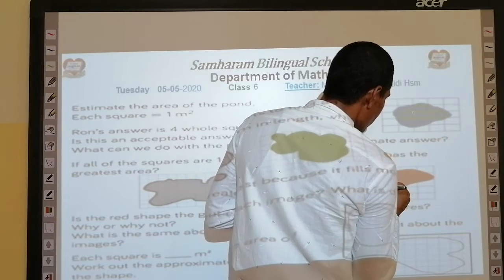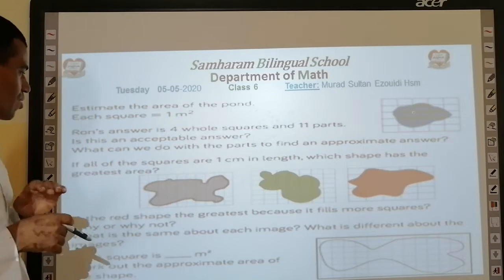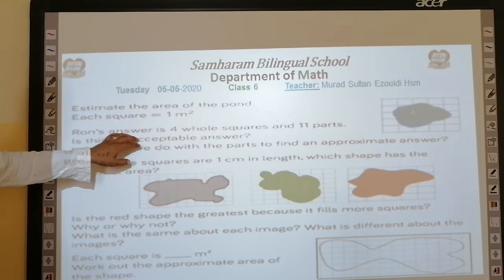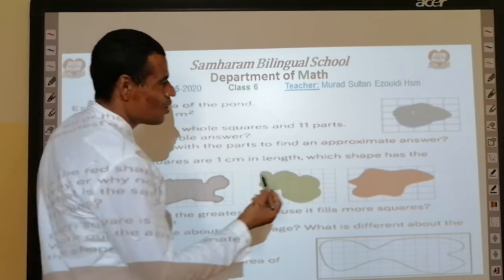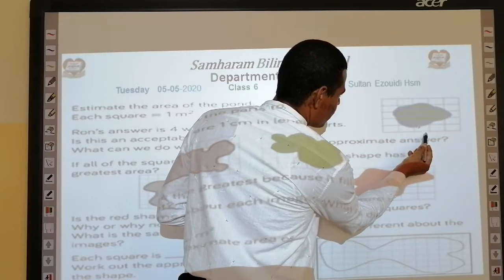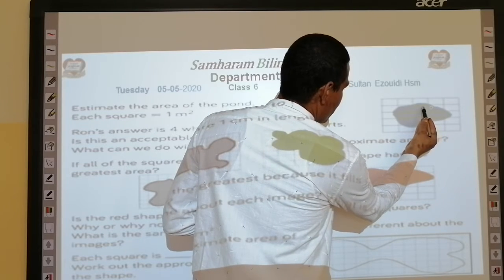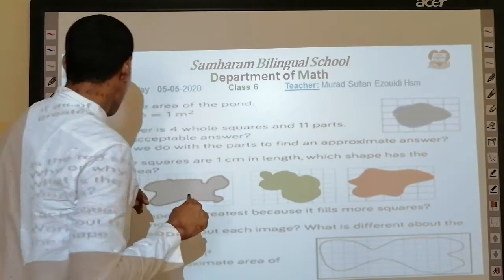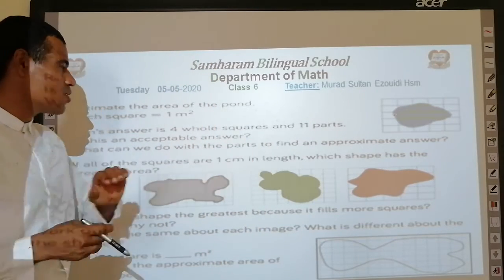These seem to be whole squares that everyone can see. Ron's answer is 4 squares and 11 parts. Look, this is number 1, 2, 3, 4, 5, 6, 7, 8, 9, 10, 11. Correct. Then, what can we do with the parts to find an approximate answer?